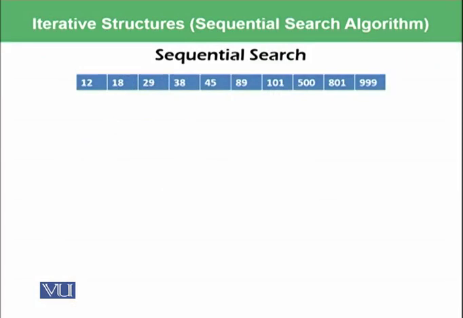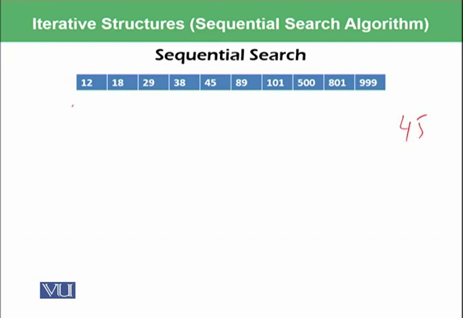We have this list which has numbers 12, 18, 29, 38, 45 and so on, and we want to search whether, for example, 45 can be found in this list or not. So for example, we find 45 over here.